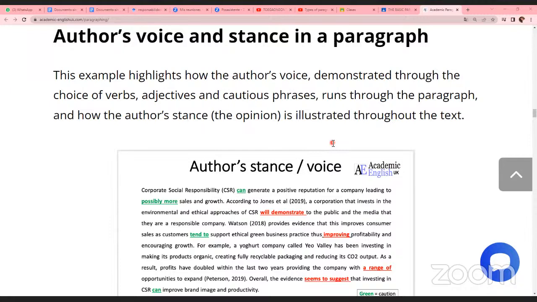We are using adjectives and cautious phrases. This runs through the paragraph and shows how the author's opinion is illustrated through the text. It's a way where the author tries to show his or her point of view, but using different kinds of verbs.